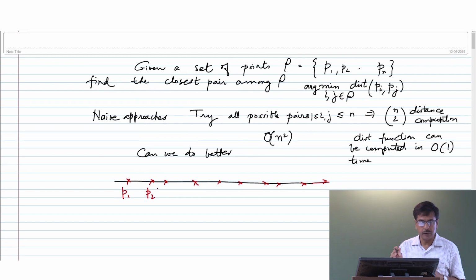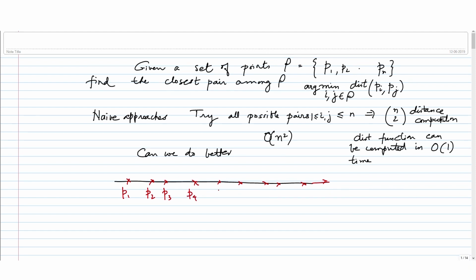Of course, it's not given to us in sorted order, but I'm just giving you a picture of what this could look like. Points are not given in sorted order, and even if they were, it's only going to work in one dimension. In two dimensions and higher, there is no notion of sorting the way that we do it.